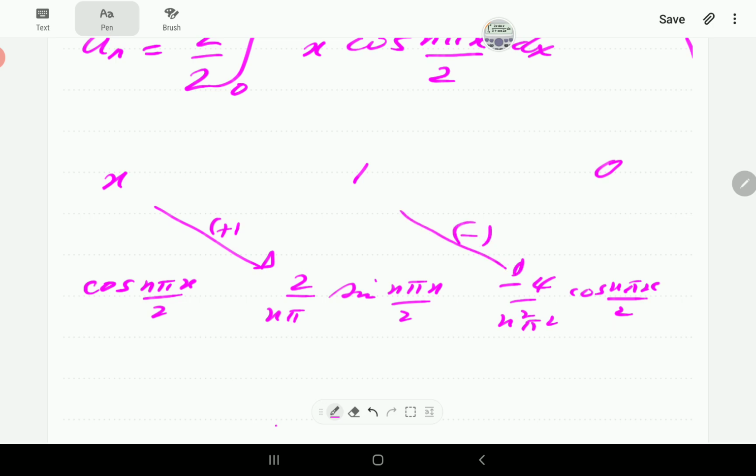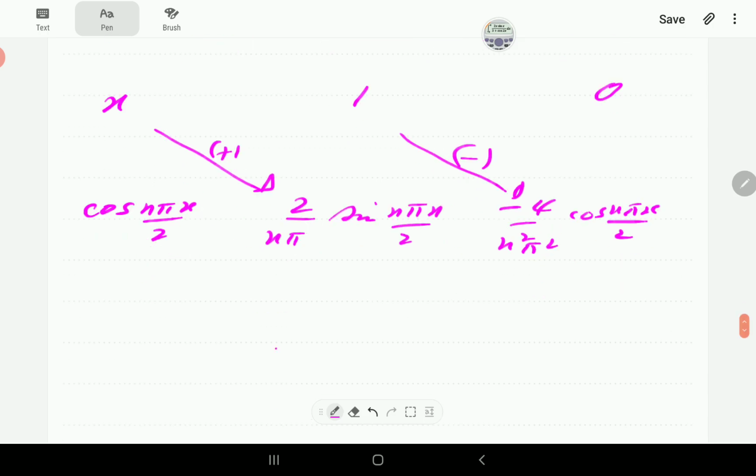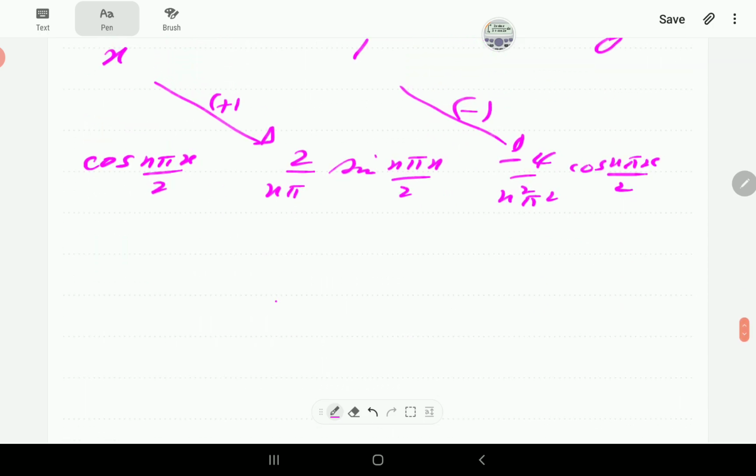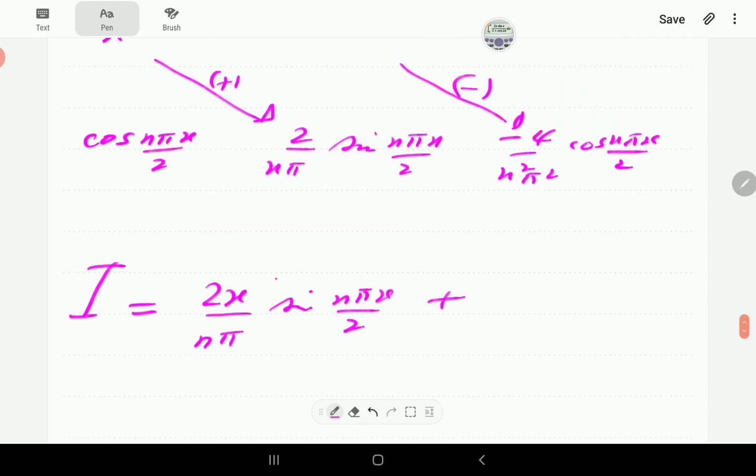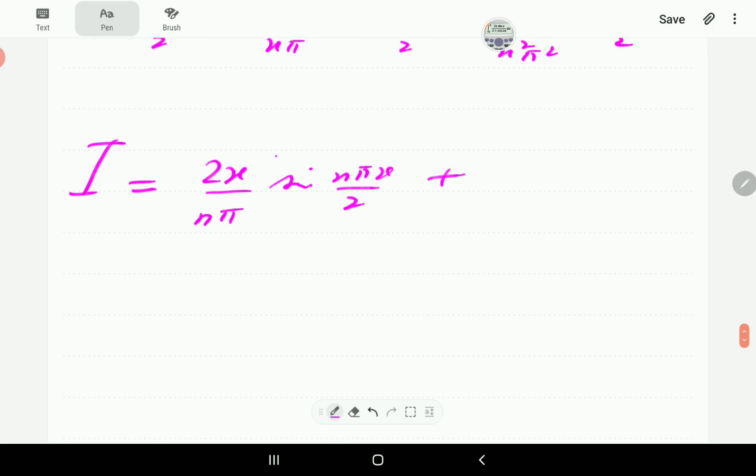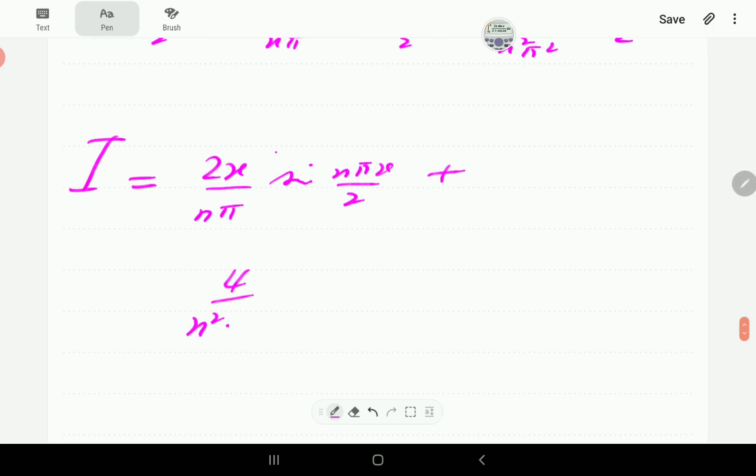So we got this thing I. So I is going to be 2x over n pi sine n pi x over 2, and the other term is going to be plus 4 over n squared pi squared cosine n pi x over 2, from 0 to 2.